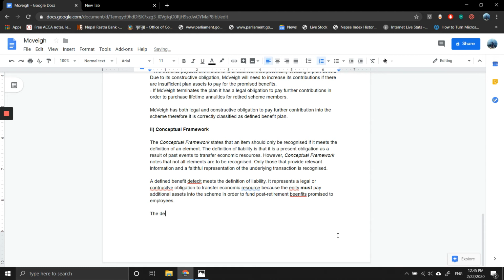Defined benefit deficit is reduced by the fair value of the plan assets.